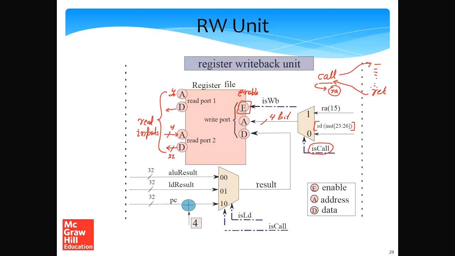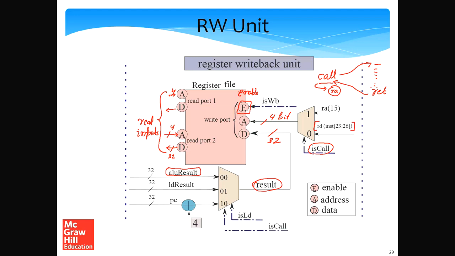Next, since we are writing, we need to write the result. What is the result that we want to write? We need to write in 32 bits. This is slightly complicated, not all that hard. So let's see. We need a multiplexer, but what are we choosing from? We are choosing first between the ALU result, which is the result that the ALU is producing, and this will be the case for add, subtract, multiply, divide, all arithmetic and logical instructions.